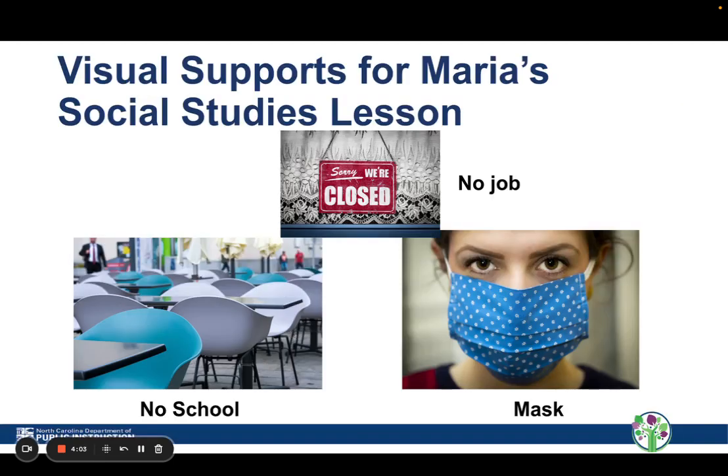Also, Maria's ELD teacher provided visual supports for her social studies lesson to prompt thinking. You'll see that these are familiar pictures from when the COVID pandemic was in full swing.